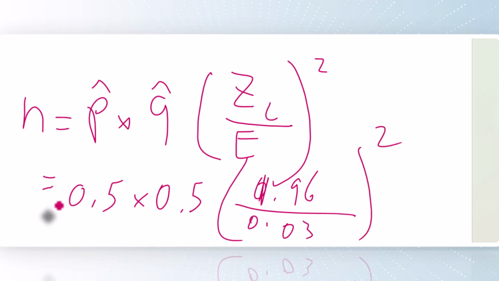Let me compute the answer and see what we come up with. If you do 0.5 times 0.5 times the quantity squared of 1.96 divided by 0.03, you'll get 1067.11. But because it is a sample size, you need to round it up. Always round up. The answer would be 1068.